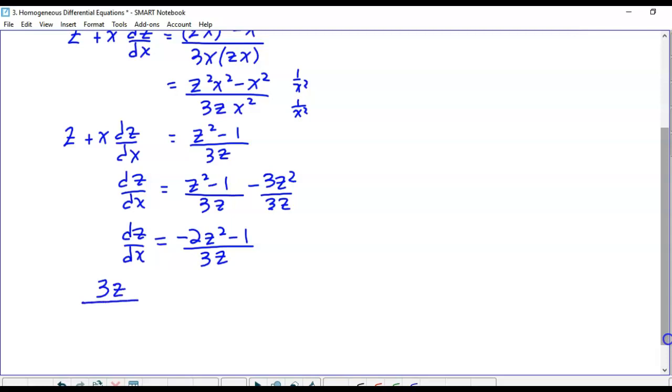Those are both negative, so I'm going to factor out the negative, show it up top. And then just 1 dx. Oh, I forgot the x dx. There we go: x dx, integral of both sides.